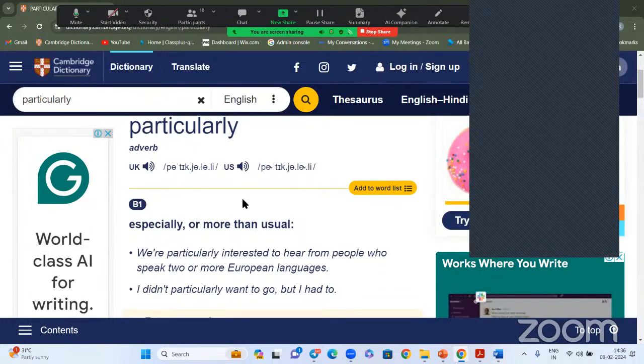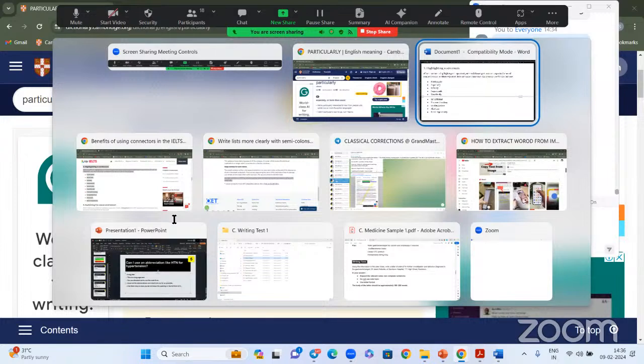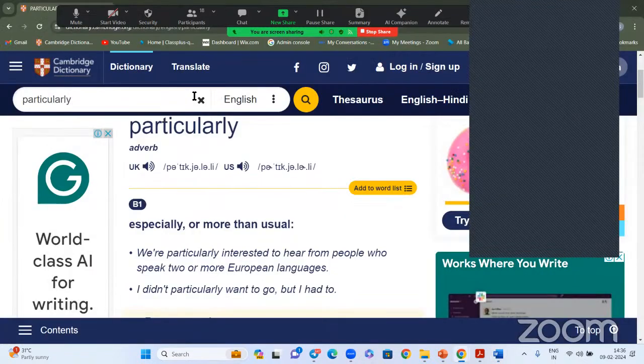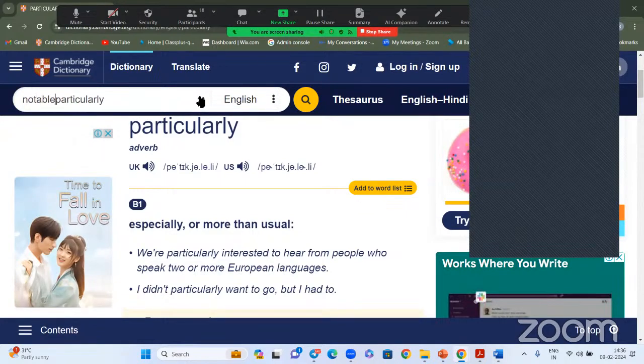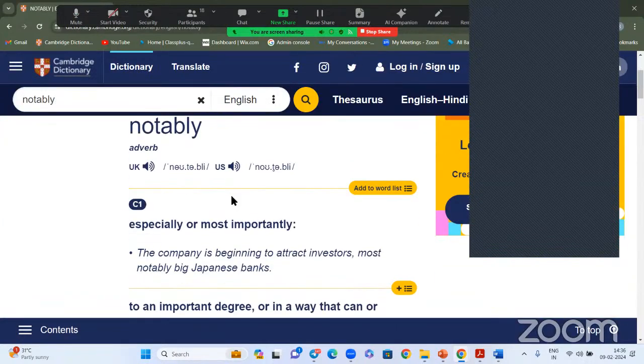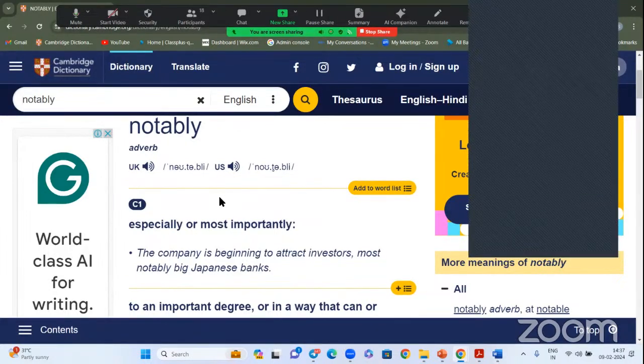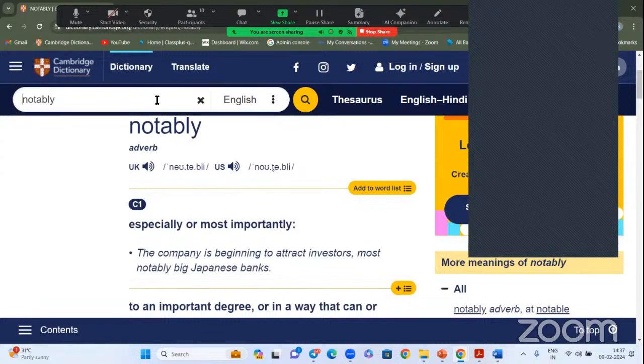The first instance use specifically or notably. Notably is C1, so don't use the other one. Use specifically, use notably. Yes, Mira is noting there. Okay, write these words and use them. C1, C2 means immediately use those words. If it is not C1, C2, try to avoid them.